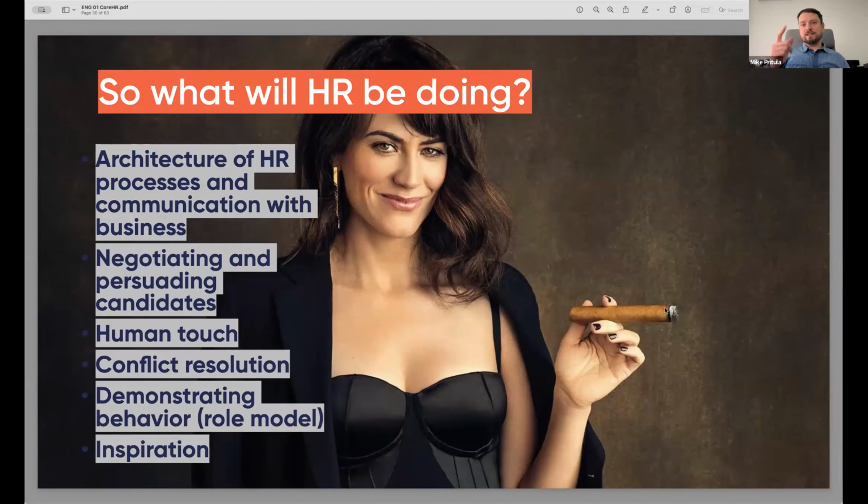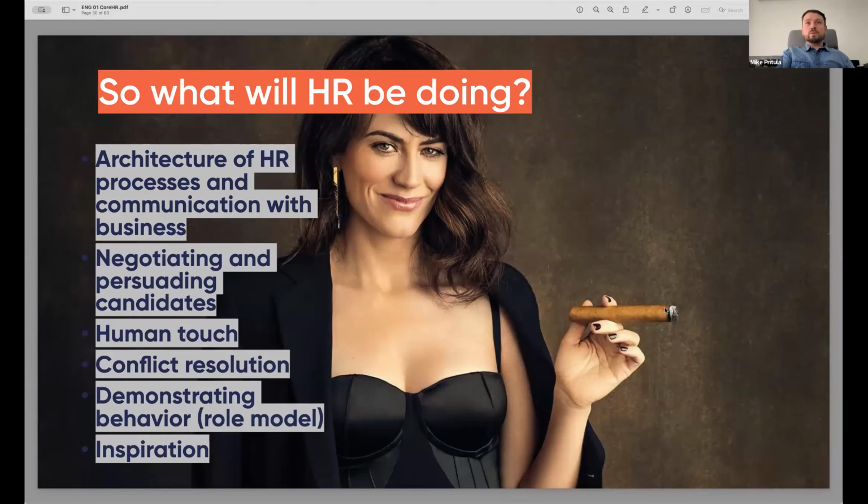Actually, this character from the Billions TV series shows very well how HR could work, right? Because she is focusing not on administrative tasks, but rather on employee performance and employee coaching. They don't show us HR automation because the company is small and it's not the main idea of this TV series, but add some HR automation to her role and you will have the picture of the perfect HR of the future.